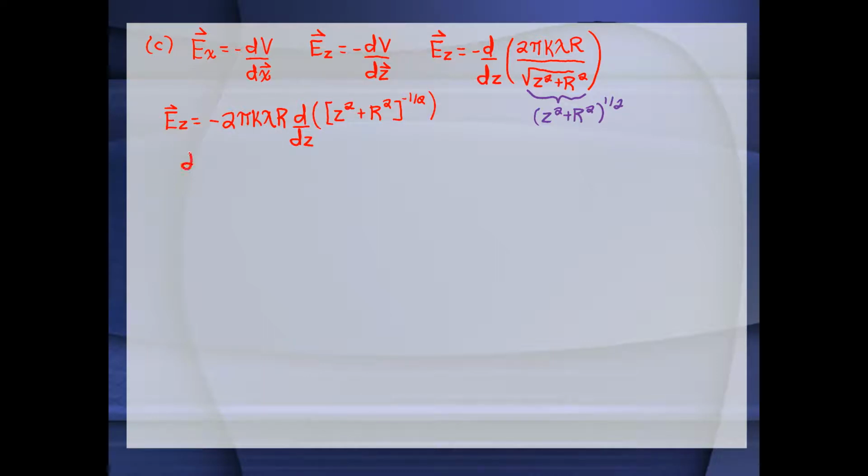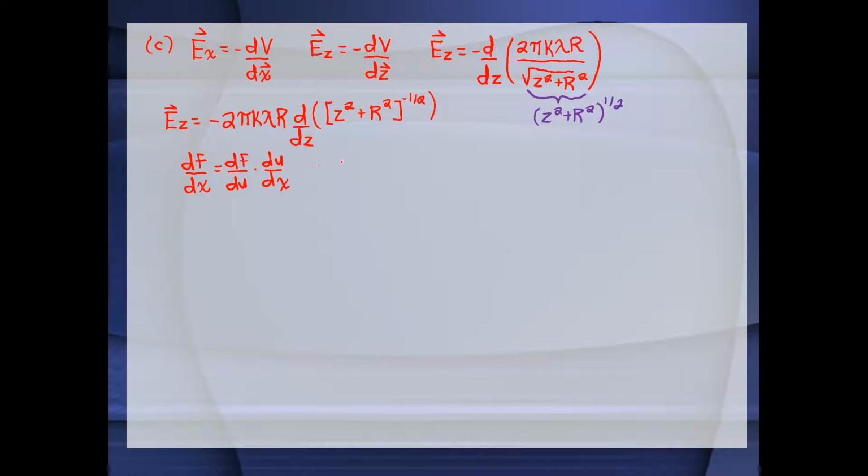So the chain rule tells me that the derivative of f with respect to x is df, derivative of f with respect to u, multiplied by the derivative of u with respect to x. Now, we're not dealing with the x direction here, we're dealing with the z direction.